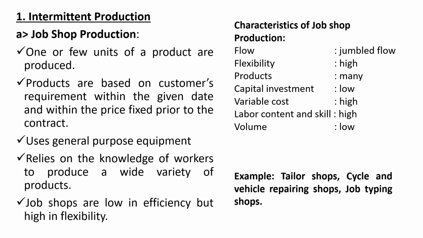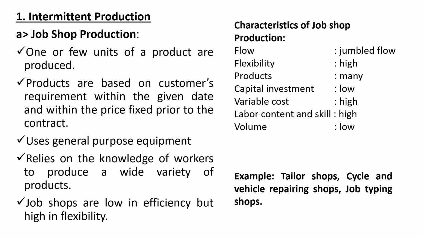It relies highly on the knowledge of the tailors to produce a wide variety of products. And the job shops are low in efficiency but high in flexibility, right? We can ask for any type or any design of garments which the tailor shops will be able to make for us.